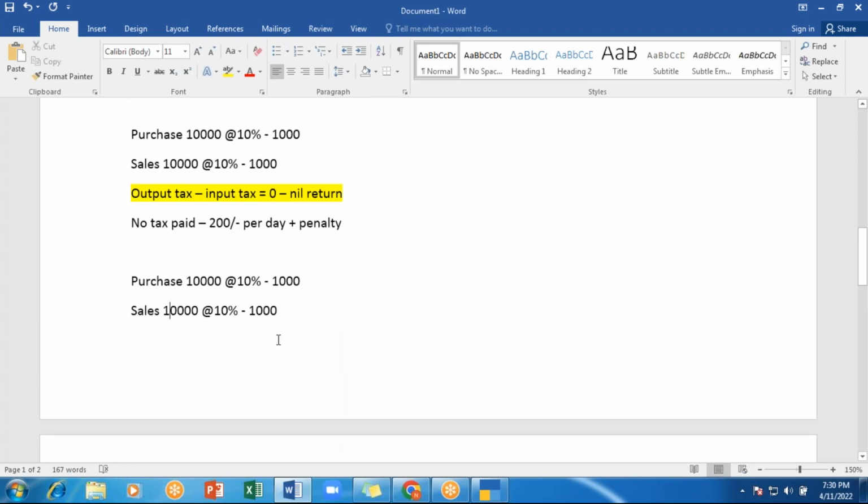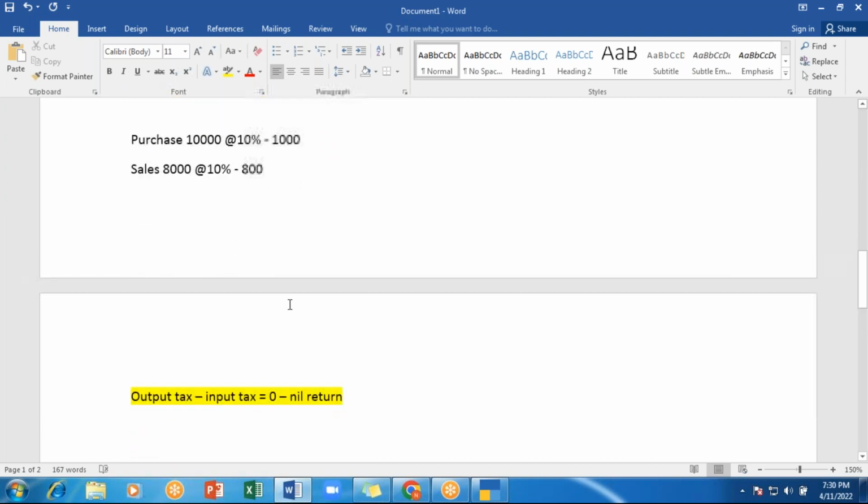Here sales I made for 8,000, where my tax is 800 rupees. Now, what will happen when I pay a tax, output tax minus input tax? When I do this, that is, output is 800 minus 1000 equals minus 200.